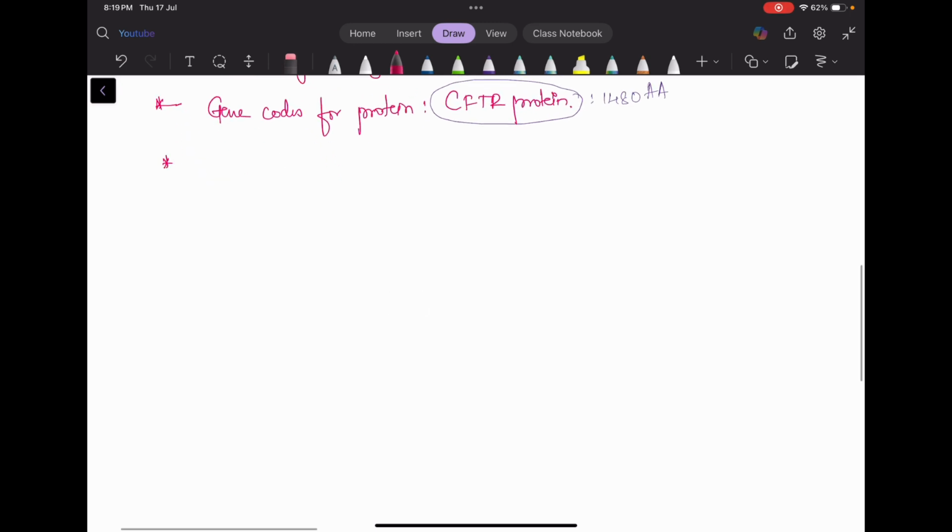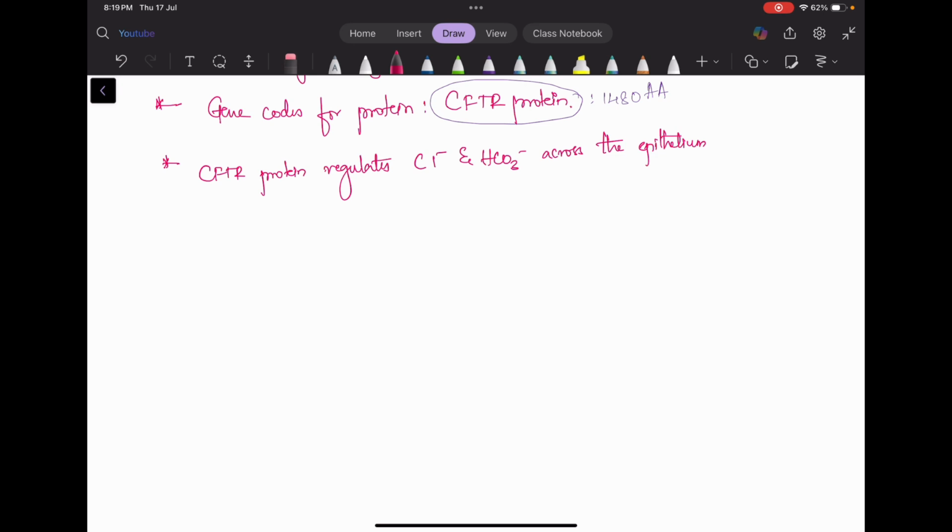Next point, the CFTR protein regulates chloride and bicarbonate across the epithelium.